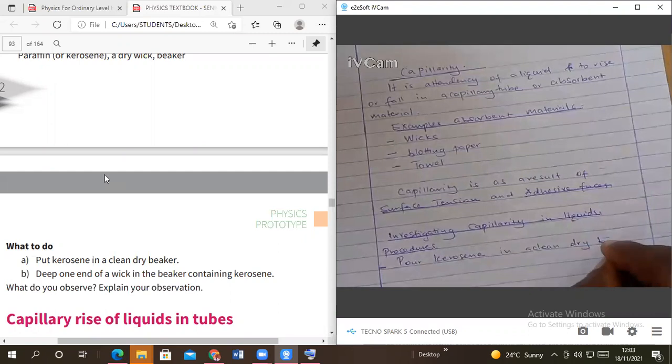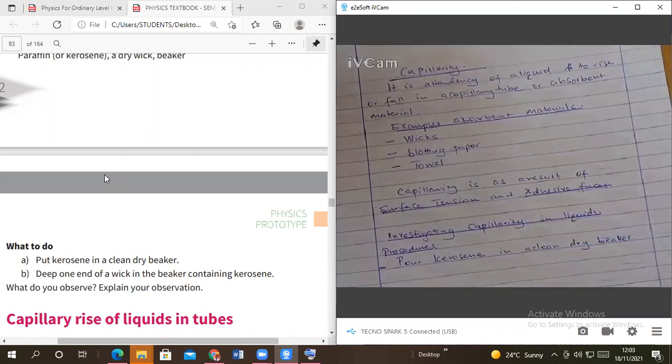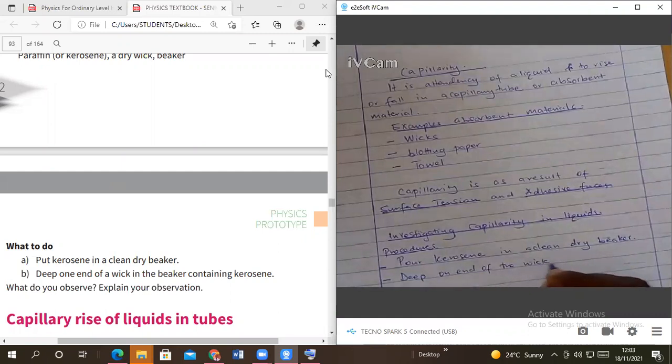Dry beaker. Then the next thing, dip one end of the wick in a beaker containing kerosene. Dip one end of the wick in a beaker containing kerosene. Containing what? Kerosene.